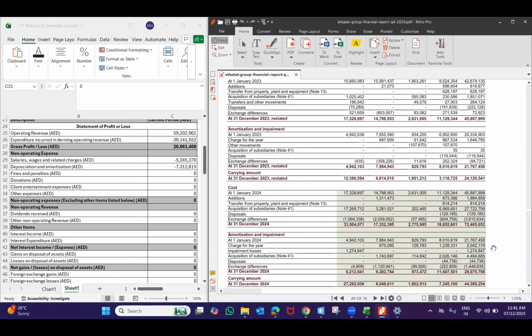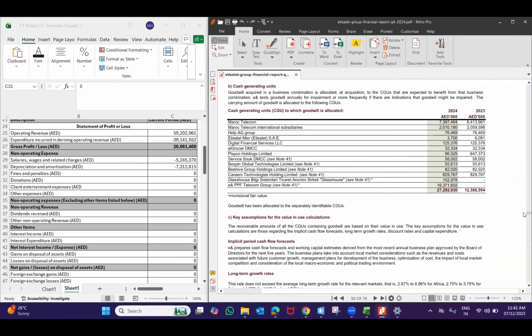Okay, sir. But in the beginning, we took the 7.3 million. Can you go back and check from which figure this 7 million was taken? Because here the other figures are also coming: acquisition, disposal and exchange.